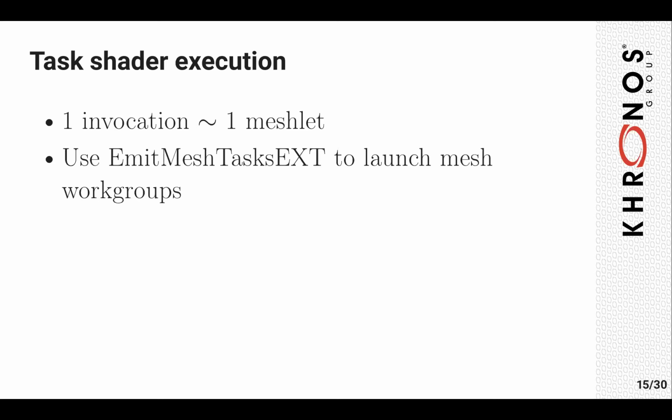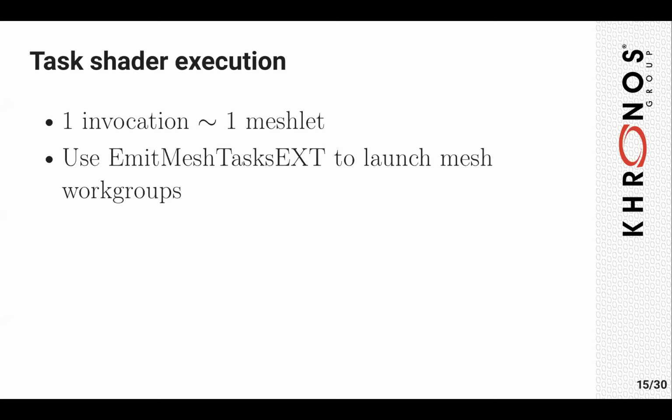Typically, one task shader invocation would process one meshlet, maybe more than one, depending on how you want to write your shader. After this is done, you use a function in the shader called emit mesh tasks ext, which launches mesh shader workgroups.